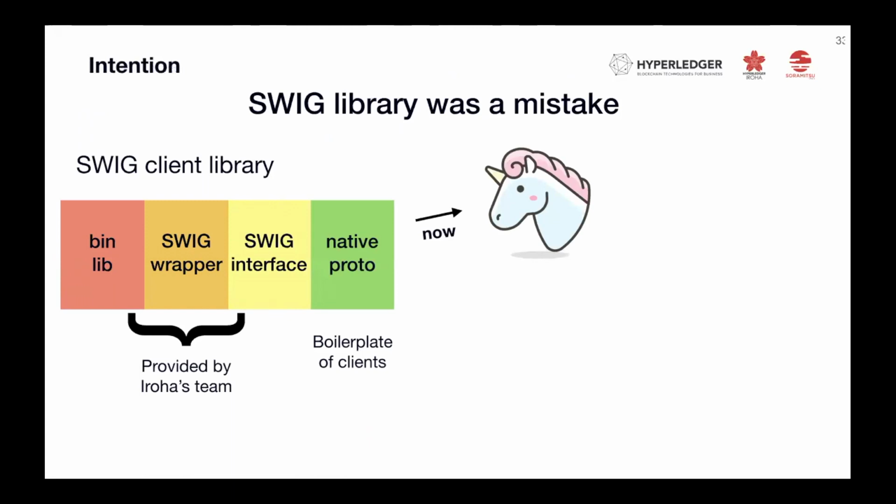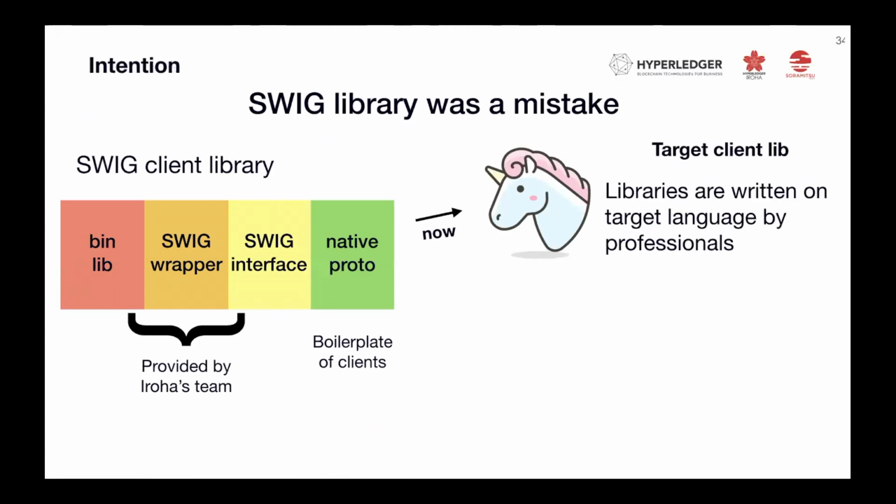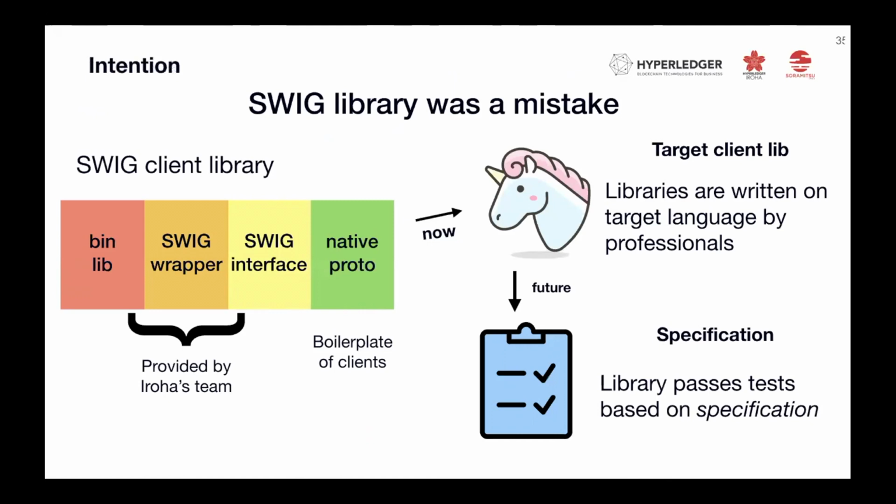So what do we have now? Now we have different libraries for different languages. They are written by professionals in them, so they are definitely of better quality than SWIG generated libraries. In the future, we want to provide a formal specification for them and a formal verification of whether they are able to pass tests.